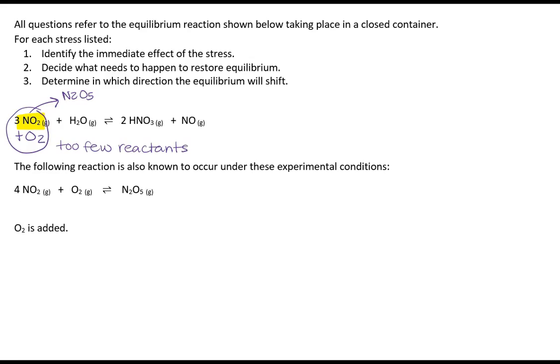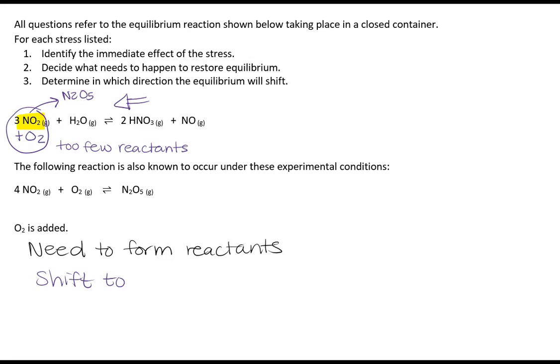So if momentarily we have too few reactants because of this side reaction, then in order to restore the equilibrium, we need to form more reactants. And if we need to form more reactants, then that shift is going to be towards the reactant side, and the equilibrium will shift to the left.